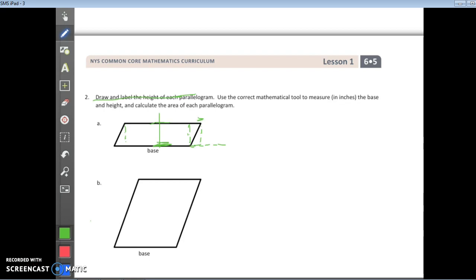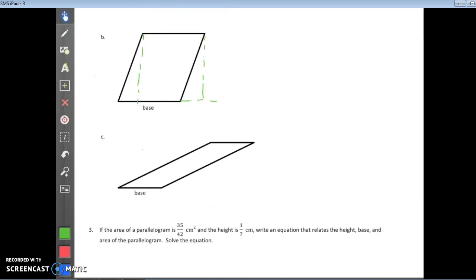So in this one over on B, it could be here. It could be here. There's many places to measure for height. Okay, this one over here. This one, you kind of have to go, because if I went from the base, I wouldn't reach the top there.